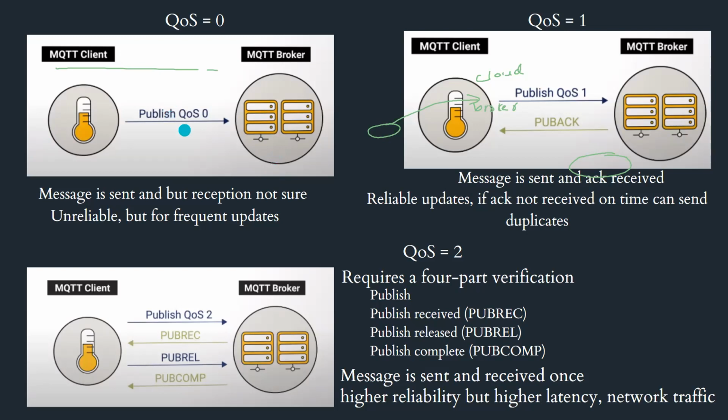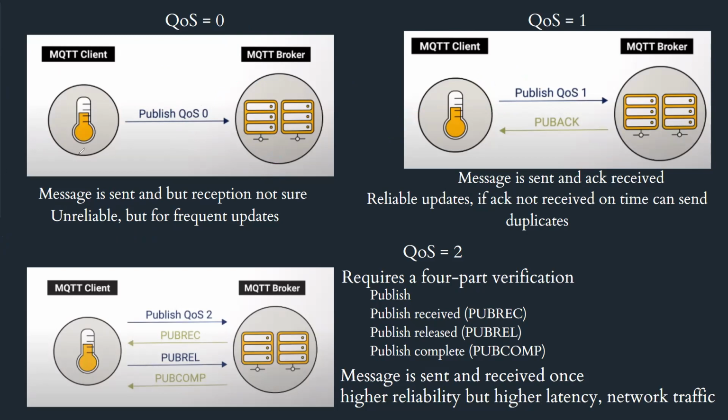QoS 0 is the lowest quality of service level. That means in that case, we actually don't have a reliable communication level. We don't have a good quality of communication. So the communication is unreliable, the reason being that the message is sent, but reception is not sure.